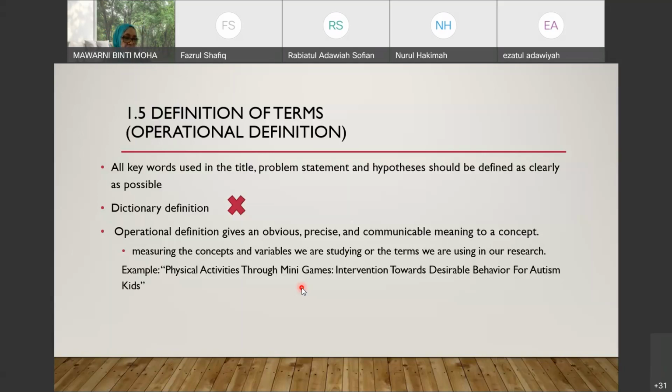You see what I mean? So it has to be defined properly according to your research. Okay, so far so good. I'm sure you can do this and look back at your paper and see whether you have given all the definitions for the variables, from the words that you mentioned in your title, as well as in your problem statement, and also the subjects.